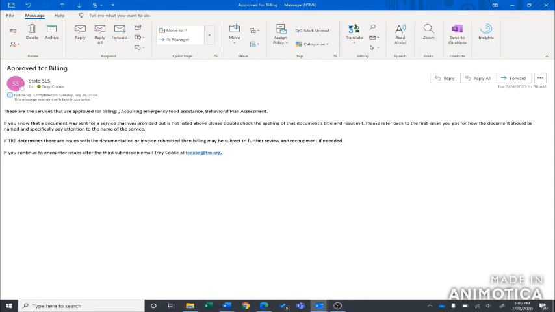If the provider can't provide proof that the service was provided, or we now know the service wasn't provided for the individual, then we can recoup and receive back the money that was paid out to that provider.